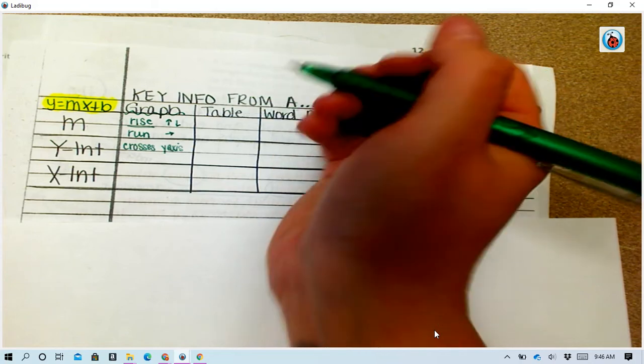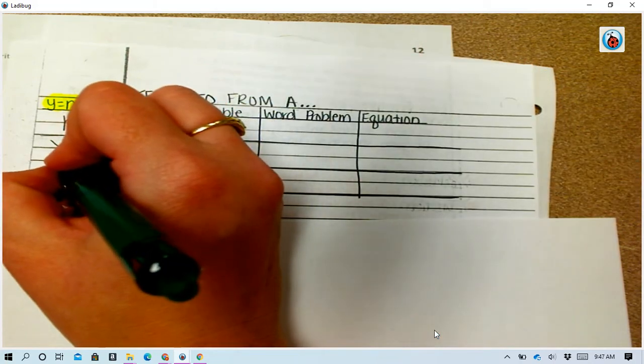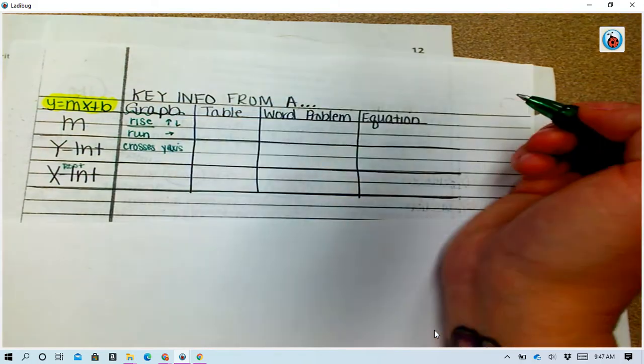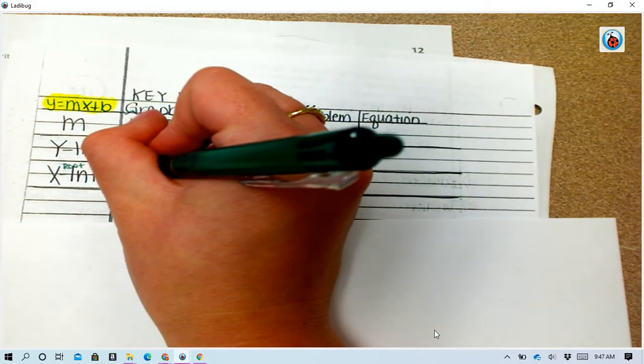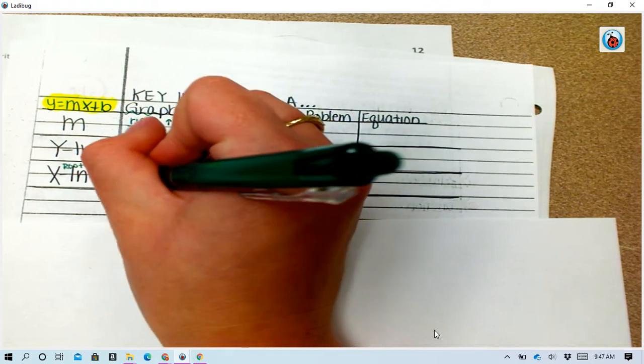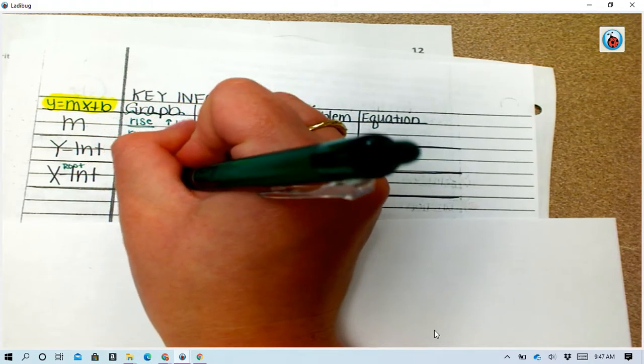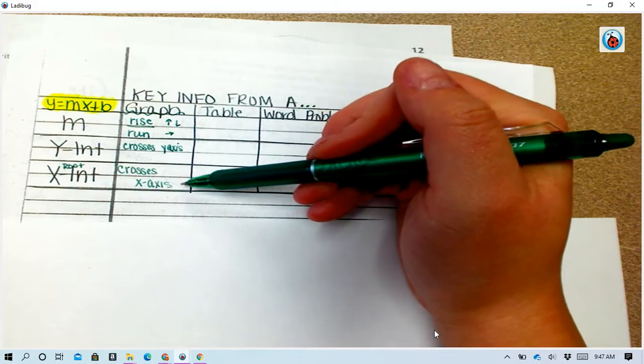Your x-intercept is also called your root. If a problem asks you for the roots, you're just looking to see where that crosses the x-axis. And that should be pretty easy. It's all visual.